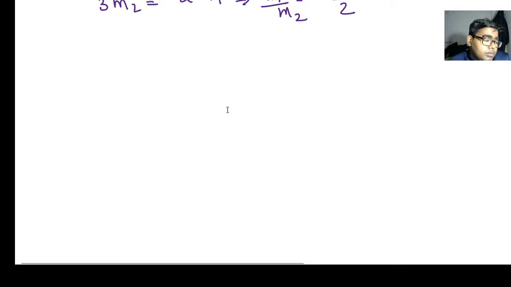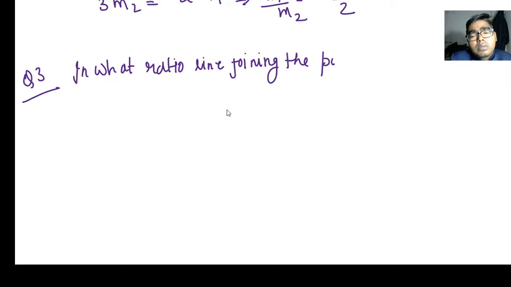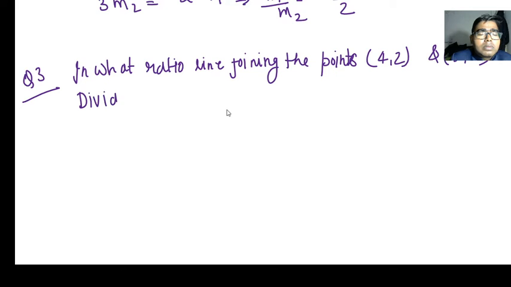Let us take another question. The next question is: in what ratio does the x-axis divide the line joining the points 4 comma 2 and 3 comma minus 5, right?